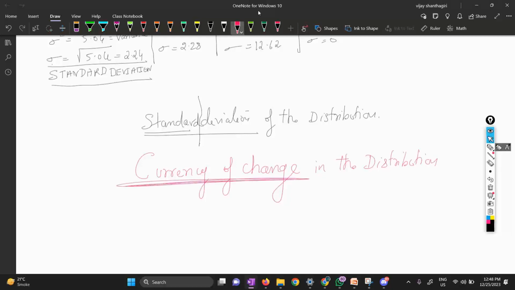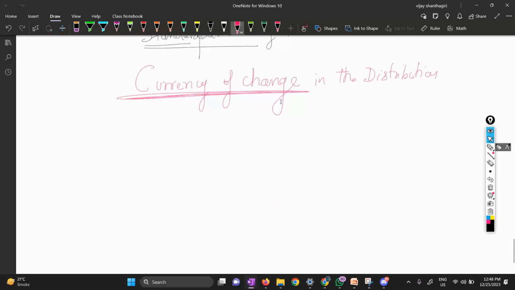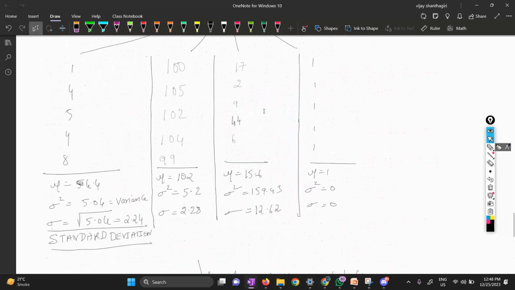This currency of change. Currency is what? Currency means value exchange, correct? In India, there is rupees. In US, it's dollars. Currency means a standard way of depicting value exchange. That's what the currency means. In statistics, that value is around the change. Now you go back and you check.